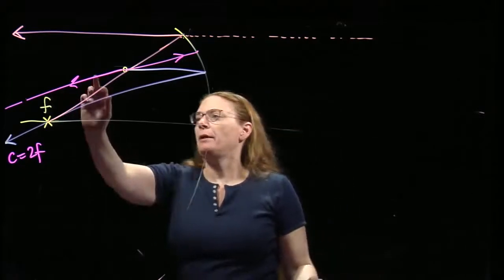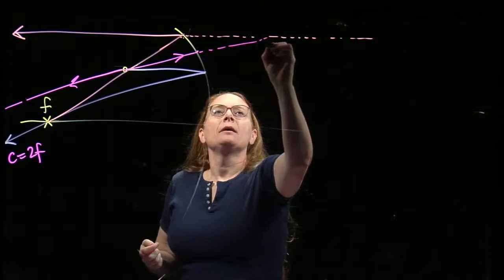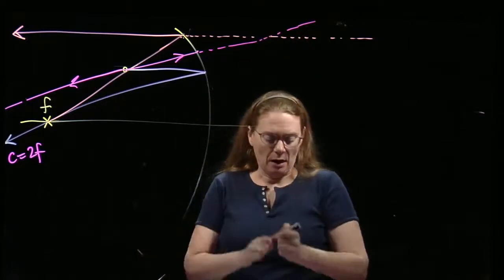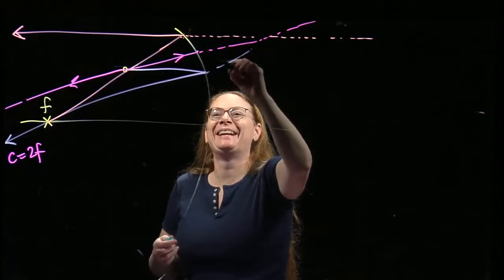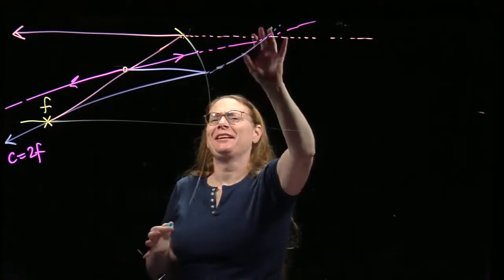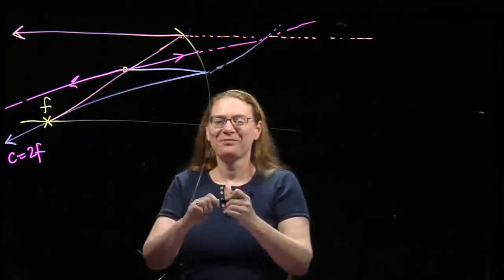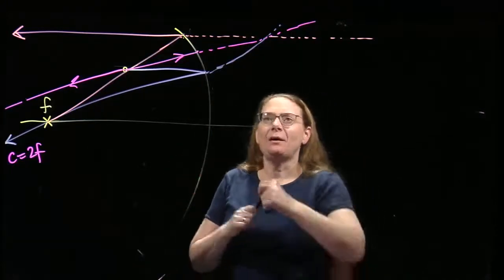The light ray from the center of curvature, our eye thinks it comes from along that line. Those are straight lines. Pretend they're straight lines.